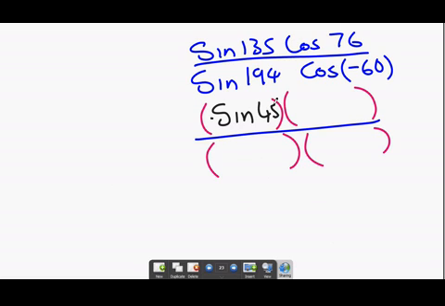Now there is cos 76 here. Now obviously there is no way I'm going to get a 60, a 30 or a 45 from 76. So there must be a relationship between this number here and this number here. If you look at 76, it can only come from 90. It cannot come from 180. So obviously it is coming from 90, and to get 76 from 90 you need to subtract.